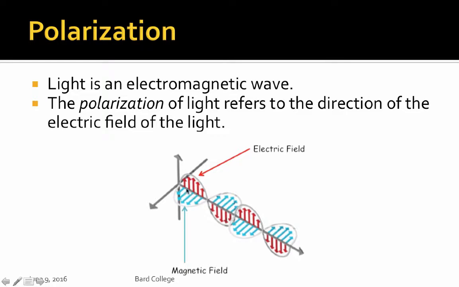So this schematic shows an electric field oscillating up and down, the red lines, and a magnetic field perpendicular to that, side to side, the blue lines. We're going to ignore the magnetic field and just pay attention to the direction of the electric field. And that is the polarization of the light.